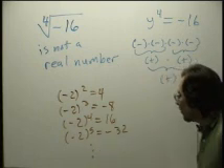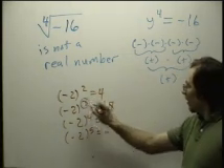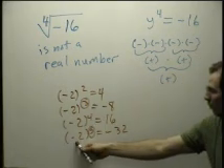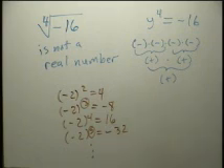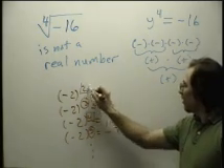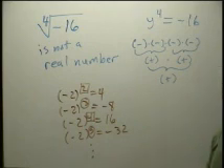And so on and so on. So as long as our exponent is odd, if our base is negative, then our answer is going to be negative. But if our exponent is even, we're going to get a positive answer regardless of whether our base is positive or negative.